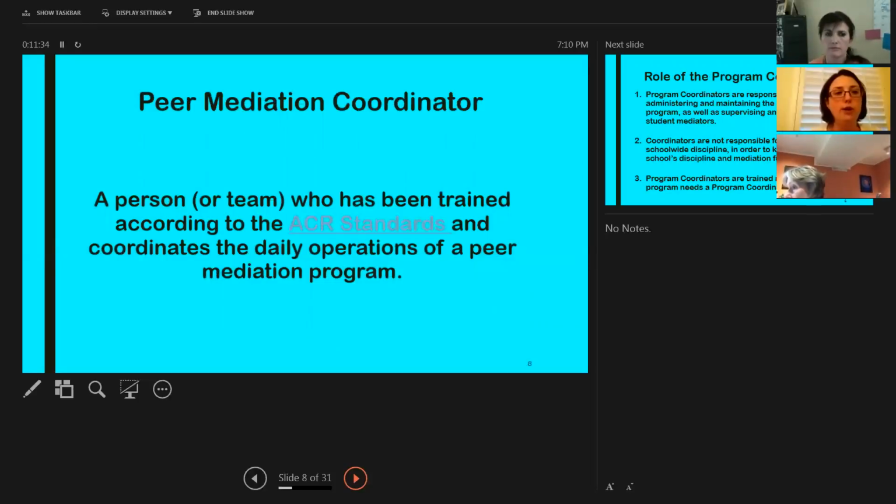So a coordinator, a peer mediation coordinator, as defined by the standards, is a person, or preferably a team, if you can, who have been trained according to the Association for Conflict Resolution standards, which we've been speaking about. And this individual or team coordinates the daily operations of the peer mediation program.